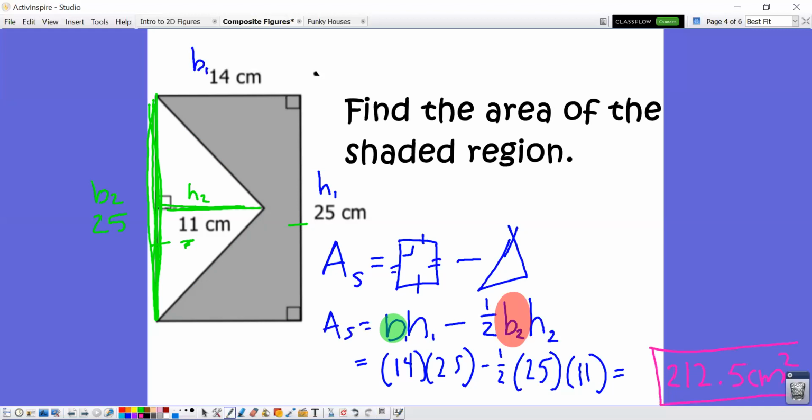That's my shaded region. Okay, the total of the rectangle that is now removing this red piece. We sliced it out. So that's our shaded region right there.